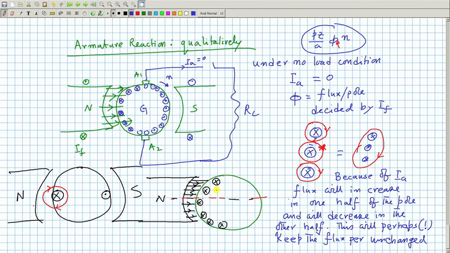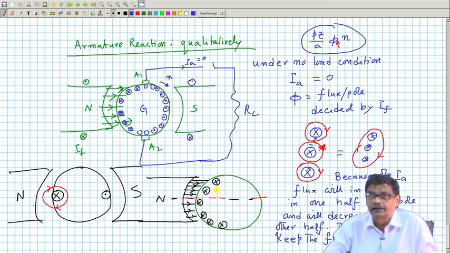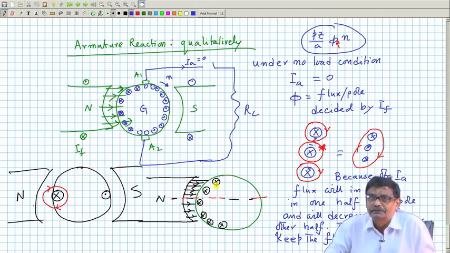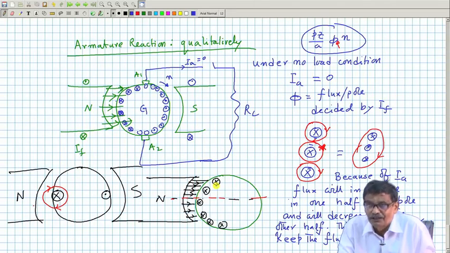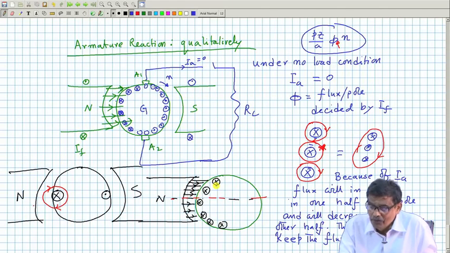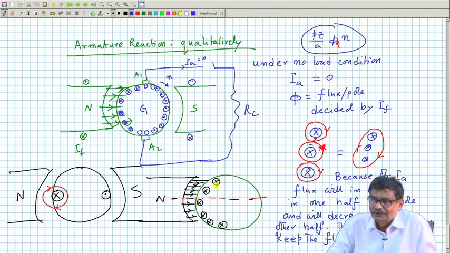I am talking about rated current. At low value of current, this is precisely what will happen, but at rated value, large value of current, this may not happen. Why? Because in this part, saturation may take place. More MMF is causing this flux to increase. However, it is unsaturated portion. Here it will decrease in proportion.